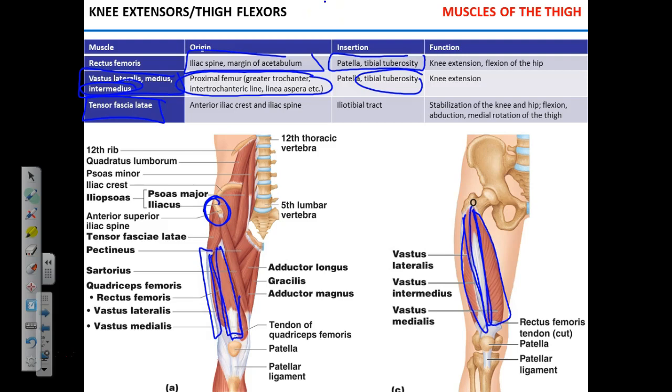I told you it's going to be falling apart. On the big model, tensor fascia latae is number 9. And it is inserted into the iliotibial tract, which is number 77. Roll it. It's on the lateral side. Yep, number 9. Okay?